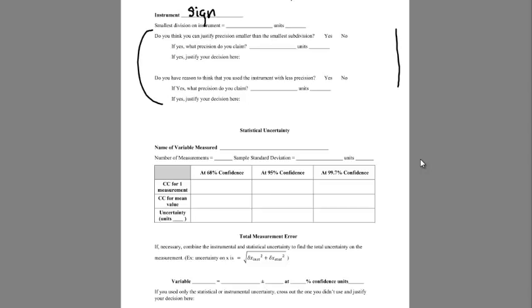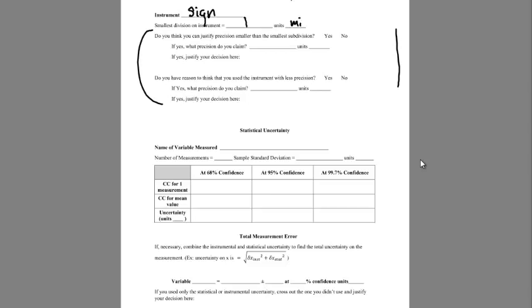Now, what is the smallest division of the instrument on the sign? The sign didn't say 57.3 miles ahead, and it didn't say 60 miles ahead. So we are going to say that it's likely that the smallest division is 1 mile. We don't know if there's a fraction of a mile, but we are going to argue that since it said 57, the sign's at least not estimating at the tens of miles.